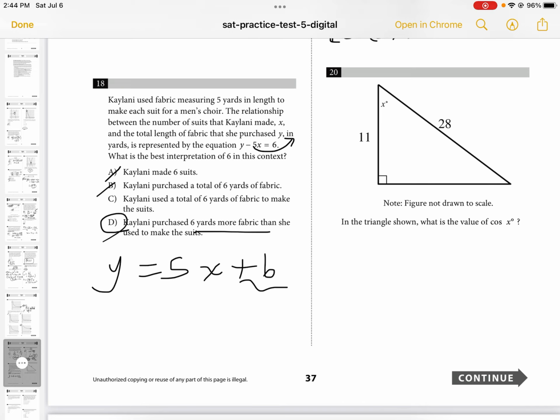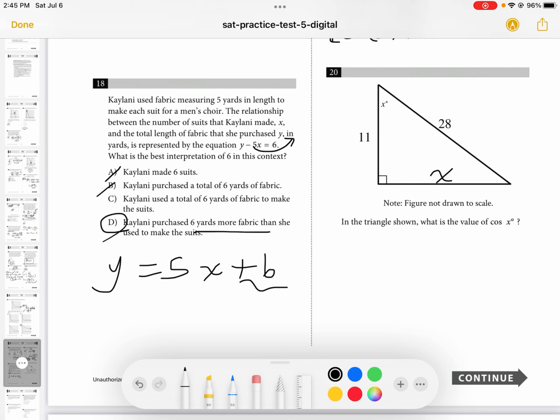Okay, we have a figure, and we want to find the cosine of the angle given. So first we find the side length of the missing side, right? So this is our missing side length x, and this is a right triangle, so we can use the Pythagorean theorem.